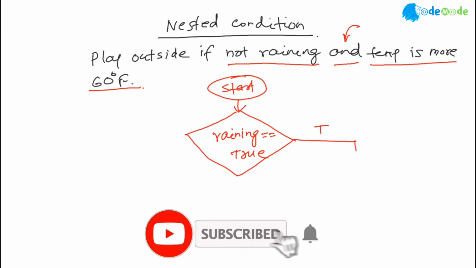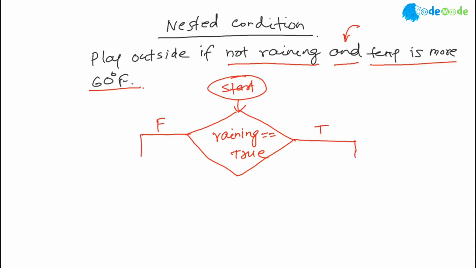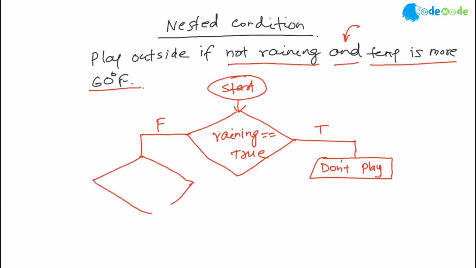So if this is true, or if it is false, if raining equal to true, then you simply print something like don't play or stay home. But if raining equal to false, then you are going to check a second condition, and the second condition is based on a different variable.